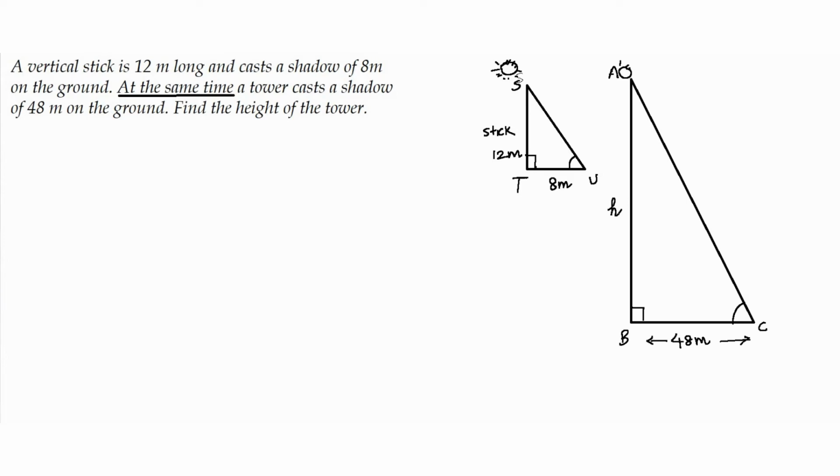So now if you consider these two triangles for similarity, they are similar by the AA test. So I can say, consider triangle STU and triangle ABC for similarity.